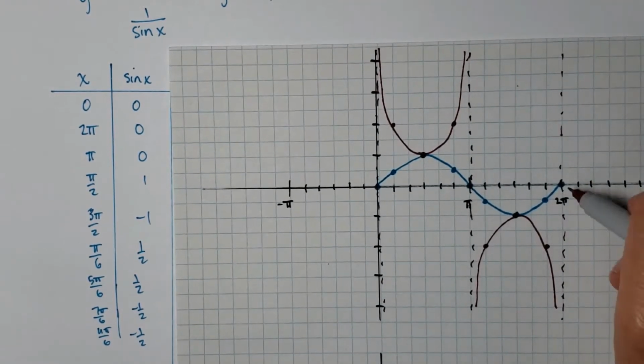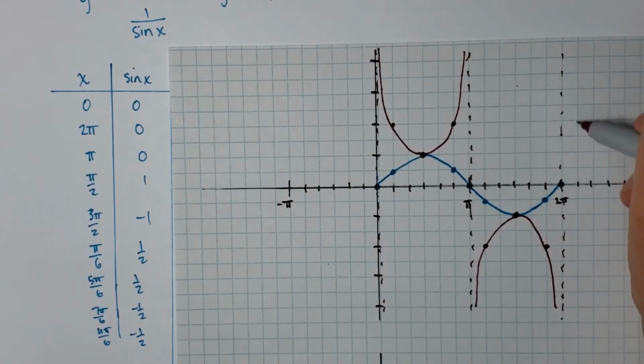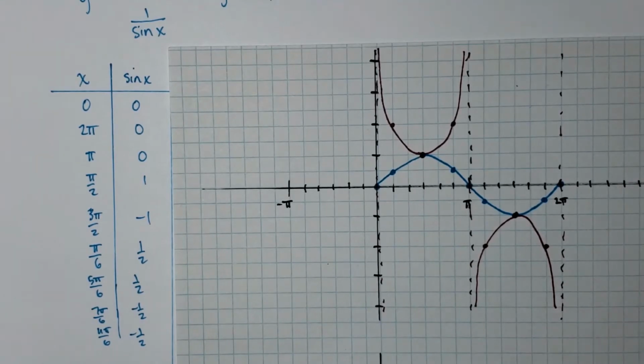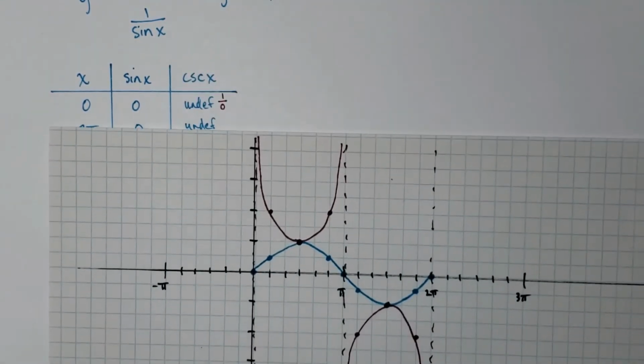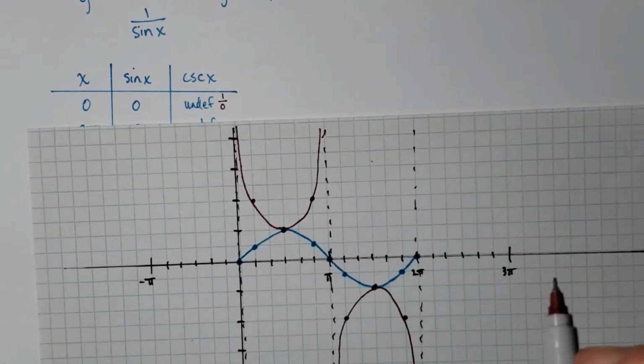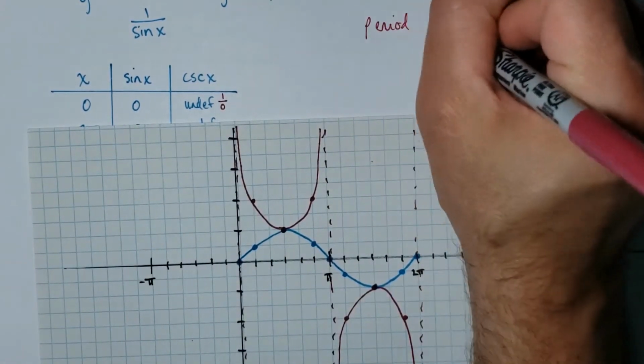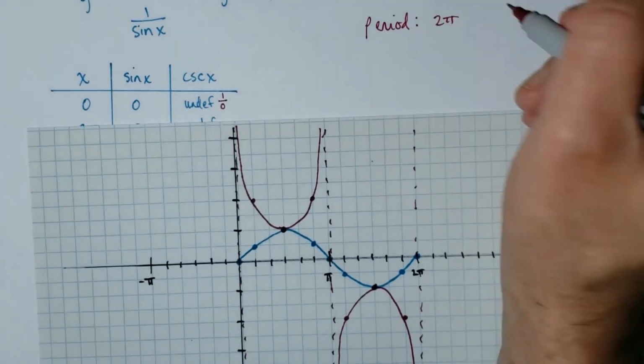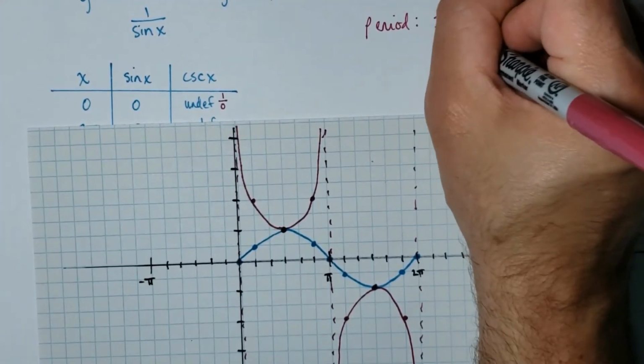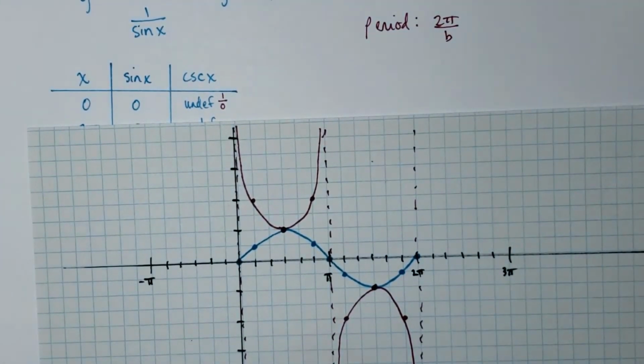And so that is what the graph of cosecant looks like. And it's going to repeat because as sine goes back up, you're going to get another U shape going up and down. So when you're looking at this, you should be able to quickly tell me that the period of cosecant is 2 pi. In general, it would be 2 pi over b, just like sine.